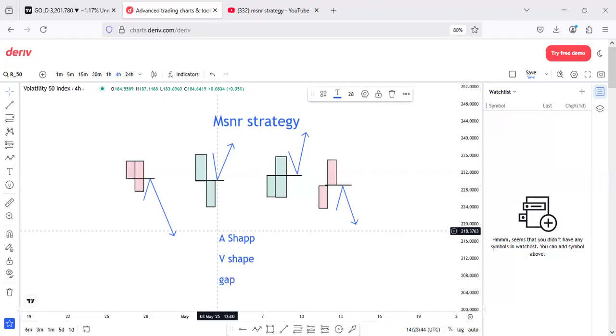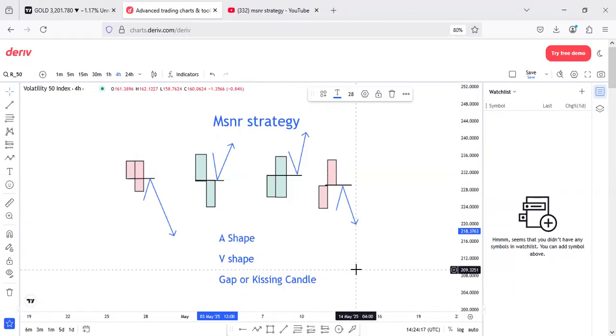We call it a gap or kissing candle. So these are the three types of Malaysian SnR that we have. Sorry, I didn't spell the shape well, let me clean it up. We have the A shape, we have the V shape, and we have the gap or kissing candle.